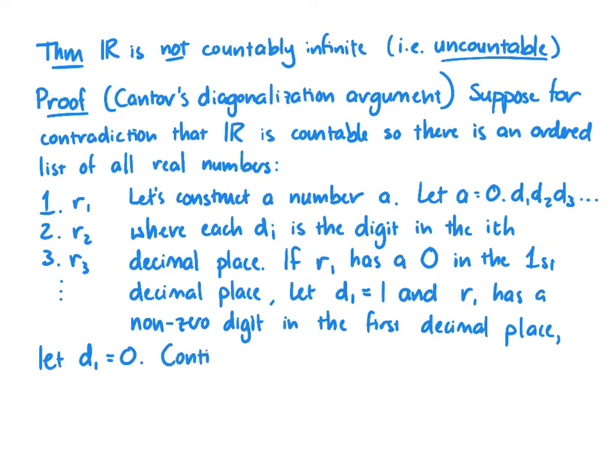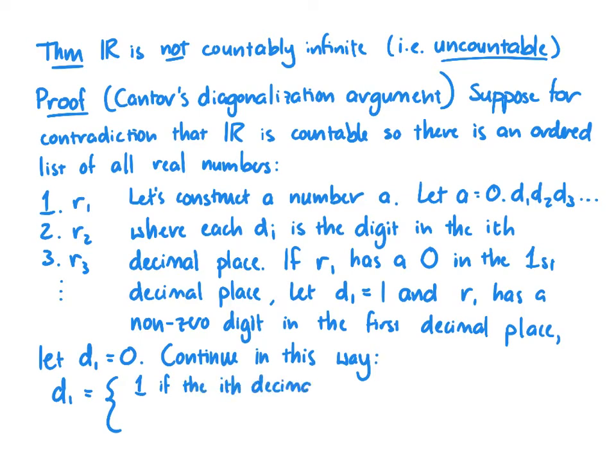I can write down a general way to define Di. Di equals 1 if the ith decimal place of Ri is 0. Basically, I define each Di in the construction of the number A by looking at the corresponding number in our list of all the real numbers.